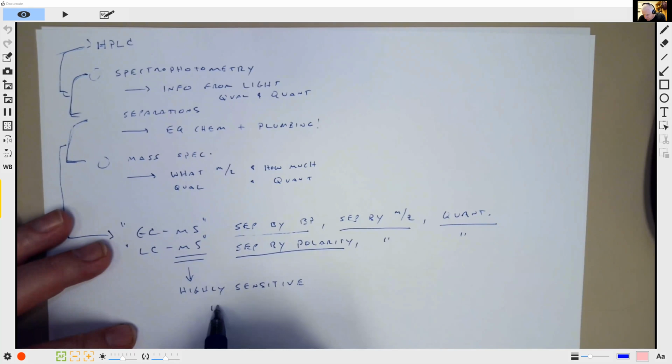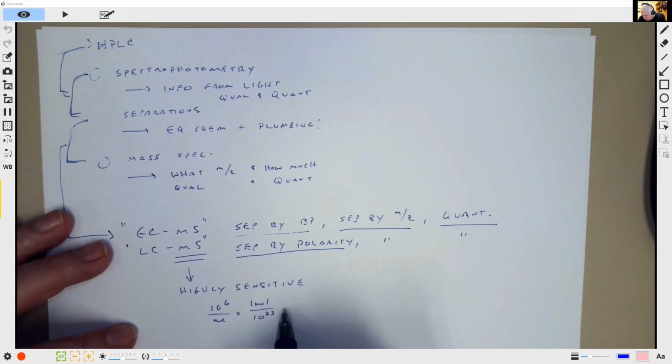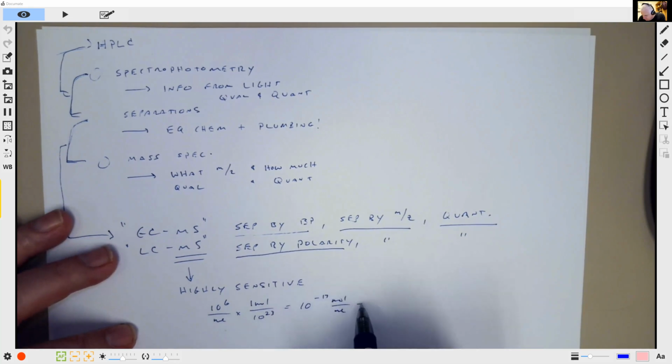So let's see, 10 to the 6th per milliliter times a mole per 10 to the 23rd. So this is going to be 23 minus 6, which is 10 to the minus 17th moles per milliliter, which goes to 10 to the minus 14th moles per liter, right?